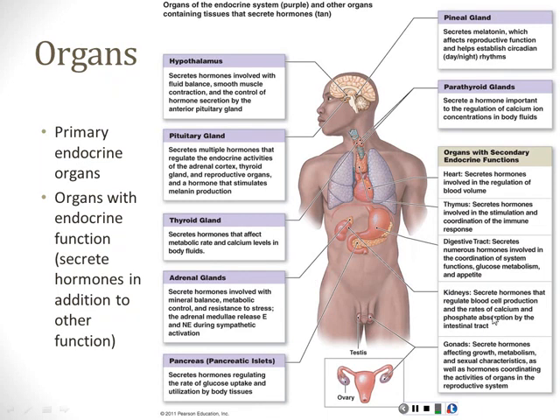But the kidneys also have some endocrine function as well. They release chemical messengers that control the formation of red blood cells. They also release a hormone called renin, which controls blood pressure and blood volume. So the kidneys have chemical messengers that they make.